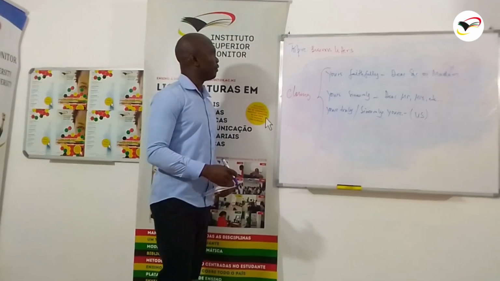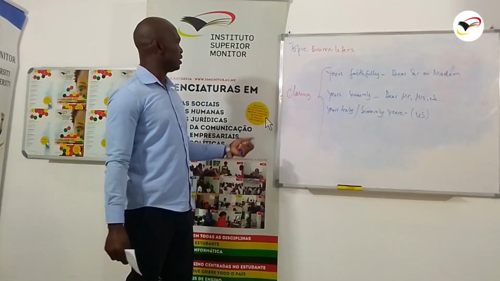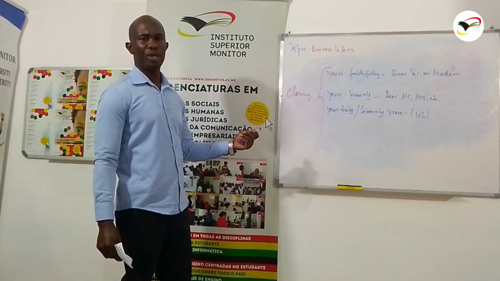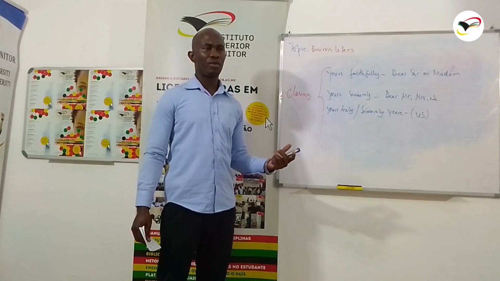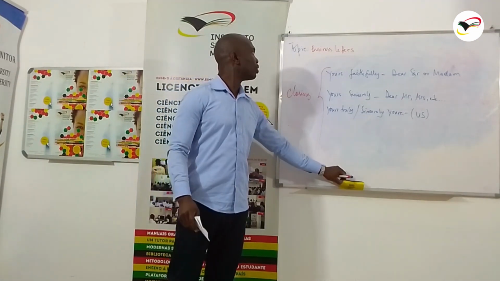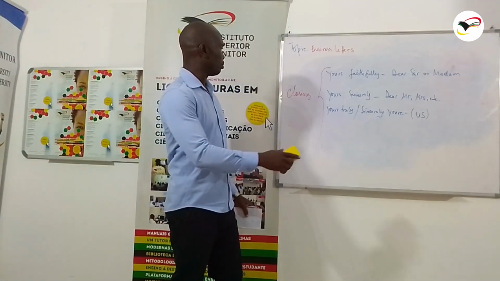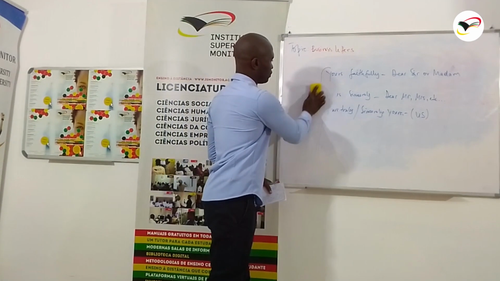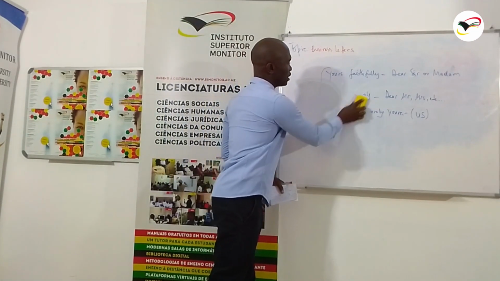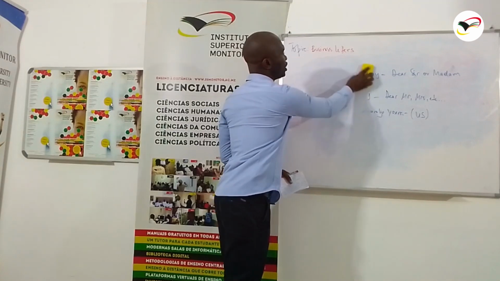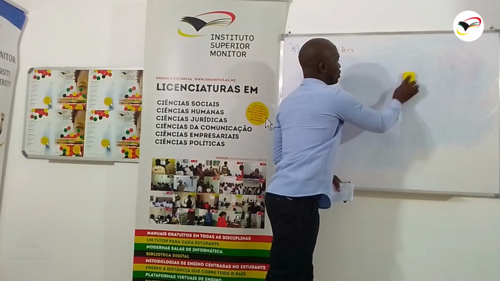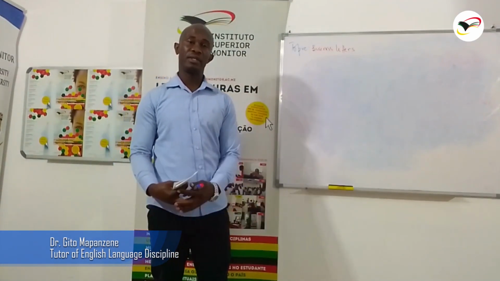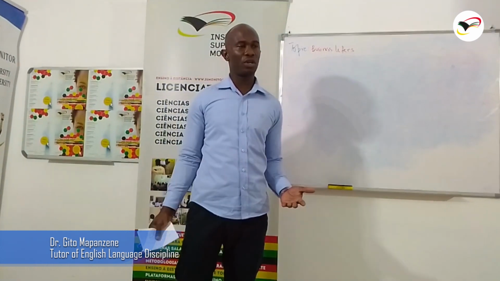Then, this is the basic information I had to share with you in connection to our topic of today, business letters. The most important aspect to retain is that business letters are formal documents.